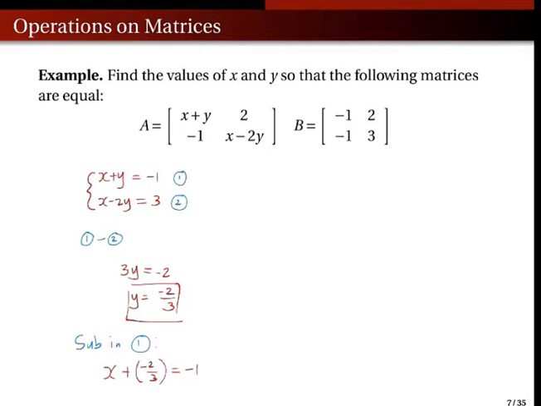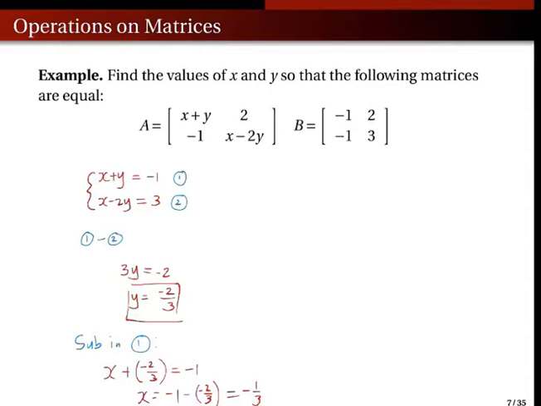Or that we have x equals negative 1 minus negative 2/3. So that becomes plus 2/3. And from there, what do we get? Negative 1/3. Correct? Negative 1/3.